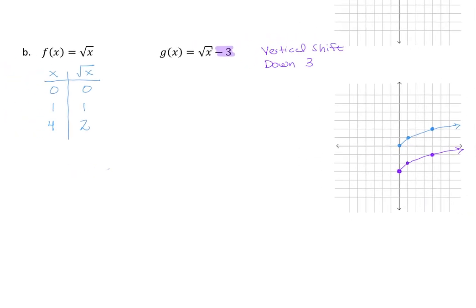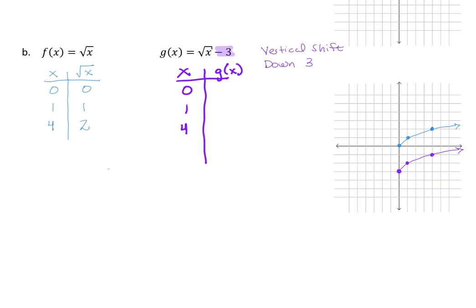Okay. All right, when we look at our table, let's see what happens. We have x and g of x. Again, I'm going to go 0, 1, 4.